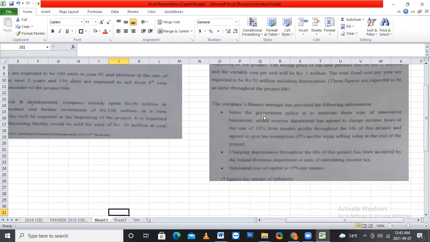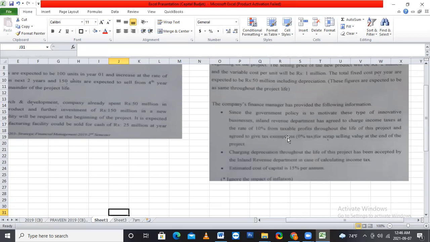Since the government policy is to motivate this type of innovative business, the Inland Revenue Department has agreed to charge income tax at the rate of 10% on taxable profit for the life of the project. They also agreed to a tax exemption: 0% tax on the scrap selling value.